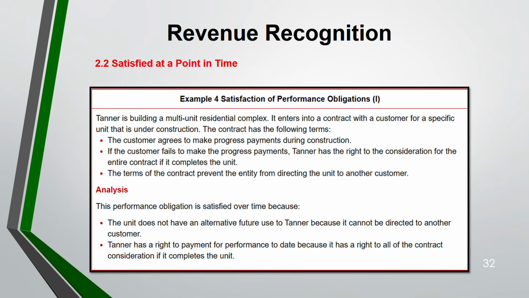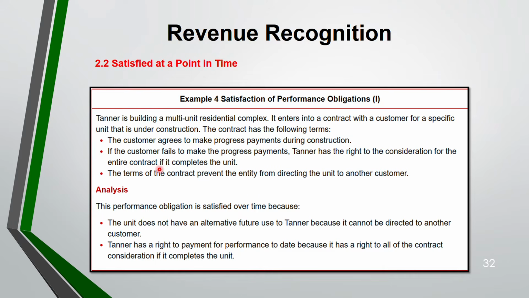Now, example 4, satisfying of performance obligation. Again, it's a Tanner. Same example, is building a multi-unit residential complex. So customer agrees to make the progress payment during construction. Customer fails to make the progress payment. Tanner has the right to the consideration for entire contract if it completes the unit. Terms of the contract prevent the entity from directing the unit to another customer.